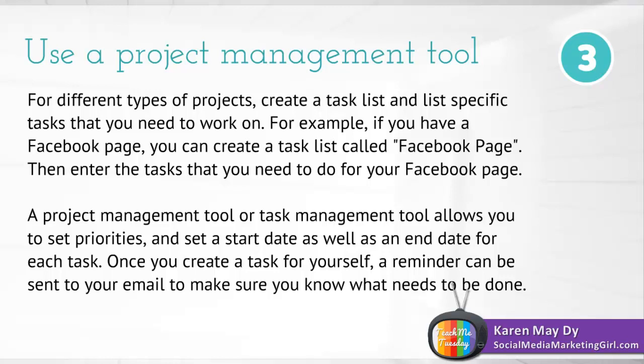So that really makes it easier for you to know what you need to do for your Facebook page, such as create a status update, comment on people's comments or posts, thank new people who like your page, or monitor your statistics or look at your Facebook insights. So those could be specific tasks that you need to do.